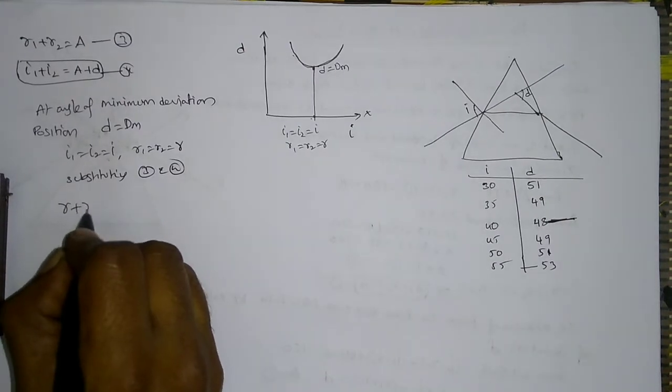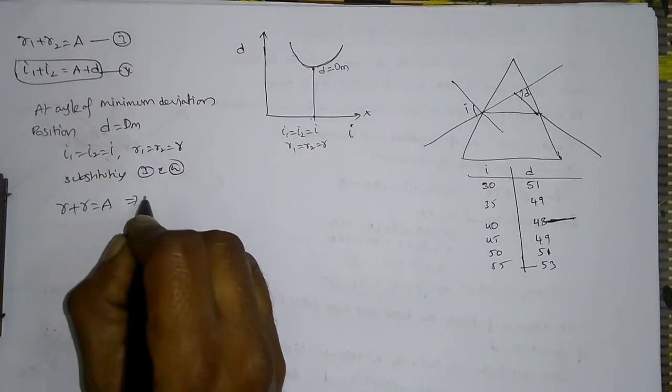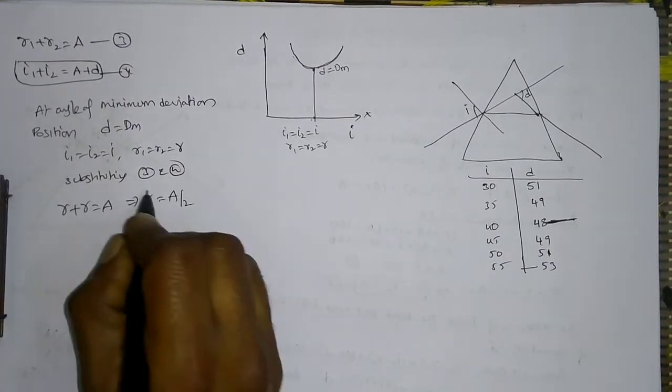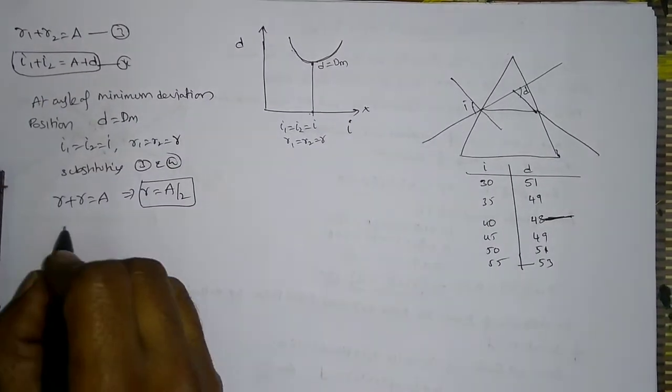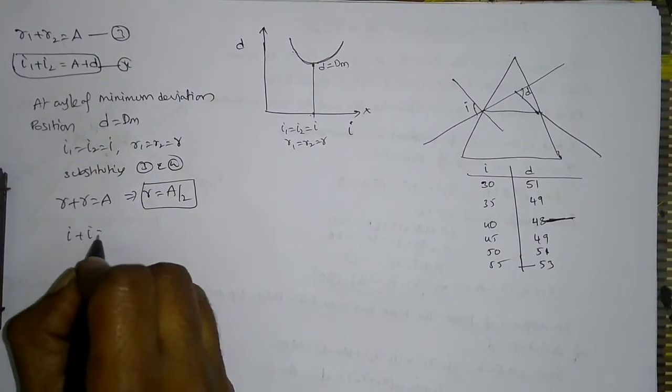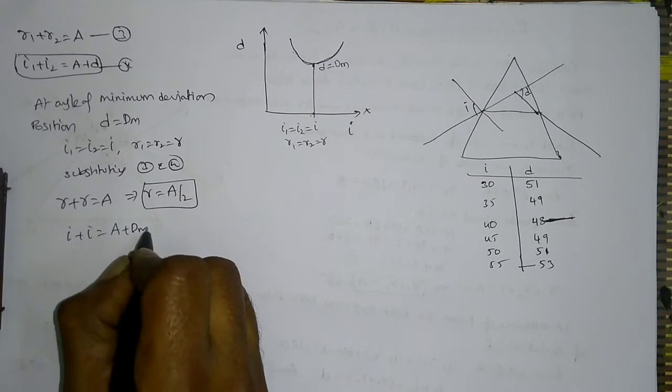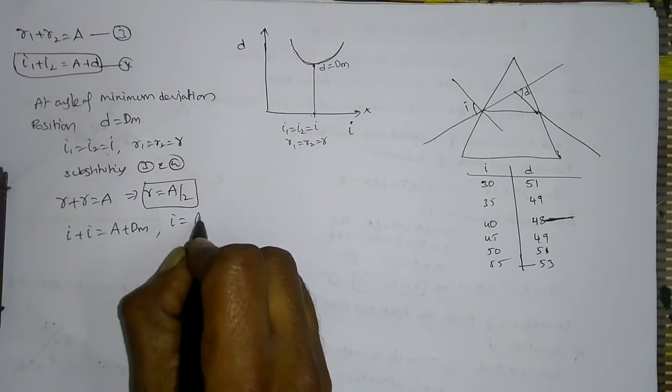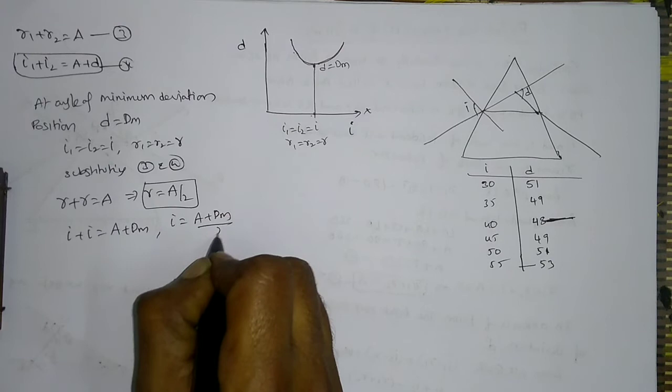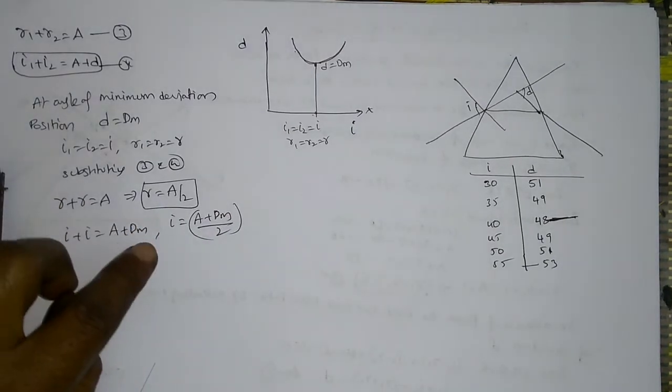R plus R is equal to A, or simply R is equal to A by 2. Keep in mind, from this, I plus I is equal to A plus Dm, or simply I is equal to (A plus Dm) by 2. This is the I value, R value.